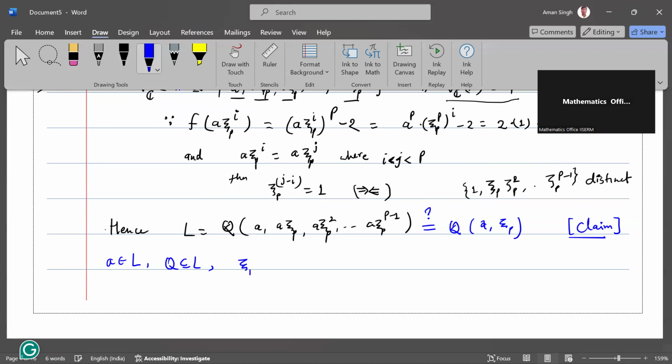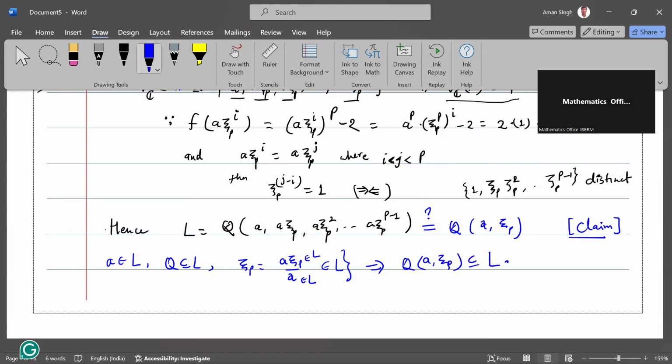But zeta p can be written as a zeta p over a. This belongs to L, this also belongs to L. So the quotient, because L is a field, belongs to L. So all this together implies Q(a, zeta p) is a subset of L, right?